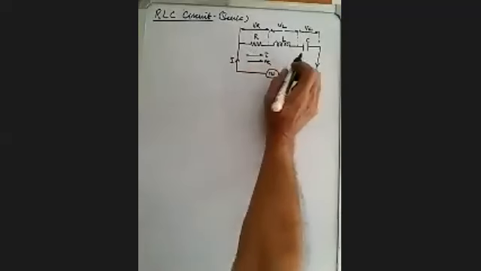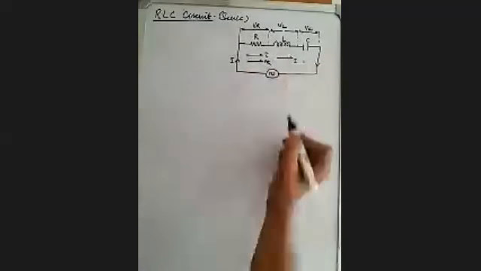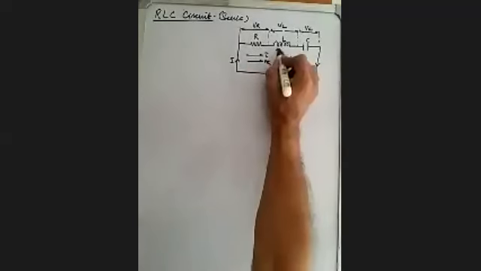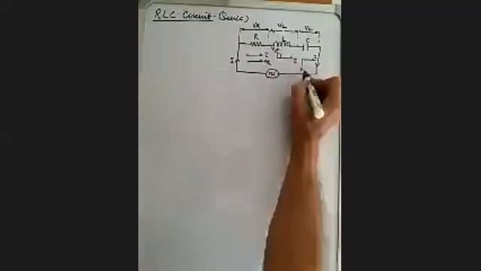In case of the inductor, if I is the current, we know that voltage leads the current by 90 degrees. And in the capacitor case, I is the current and the voltage is lagging by 90 degrees.